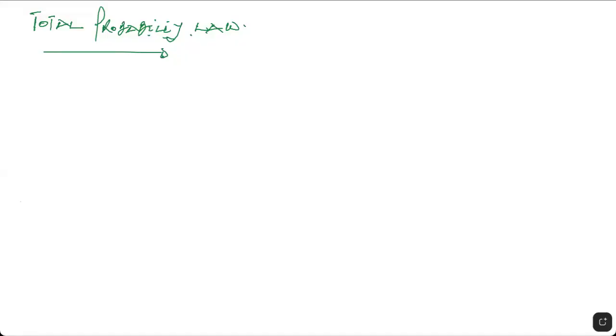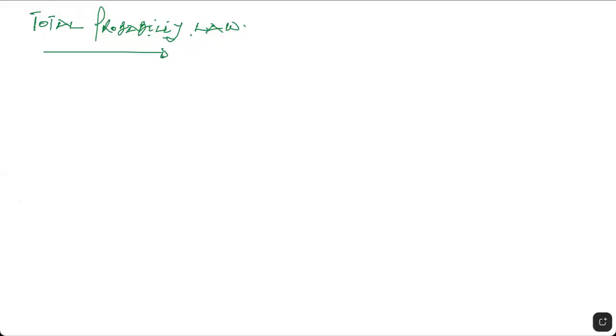So we want to continue with conversations on important laws and theorems under probability. We've had this series of conversations for the past, I think, two meetings, and in the previous session we considered the idea of conditionality of probabilities, and that helped us to define the general and the special multiplicative laws.